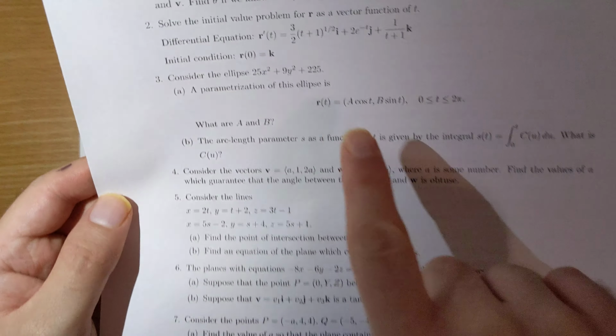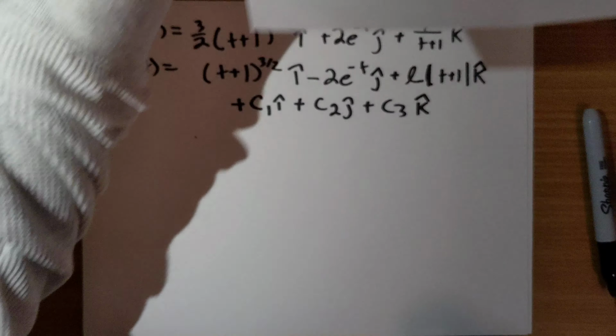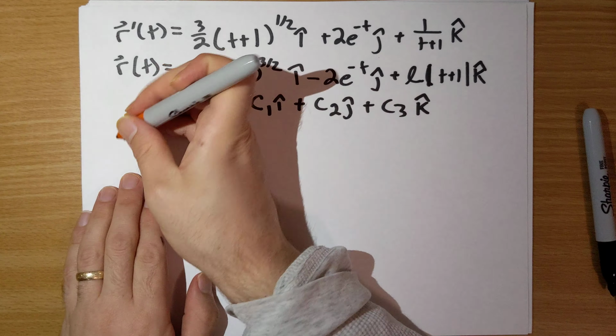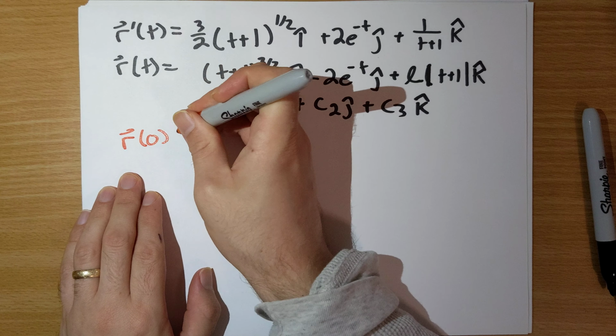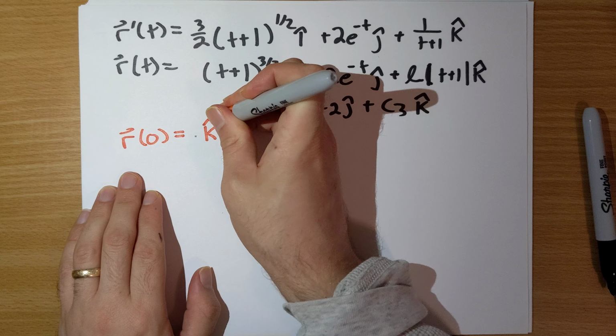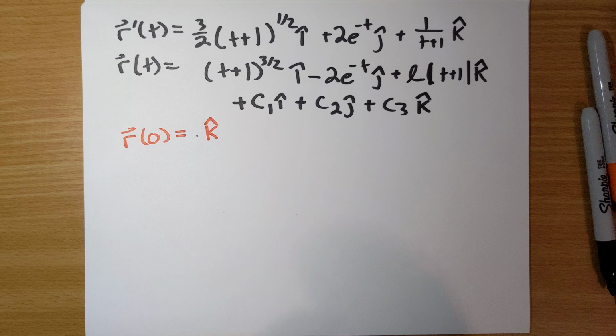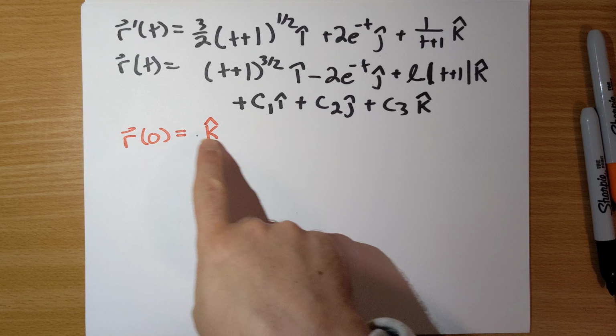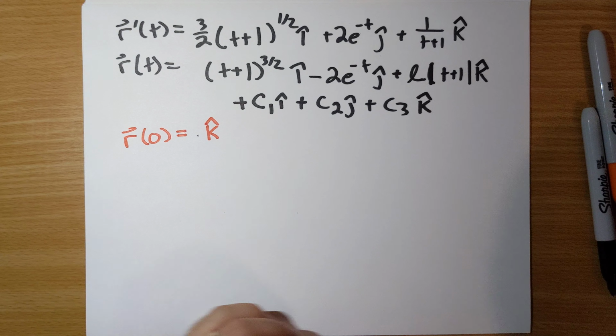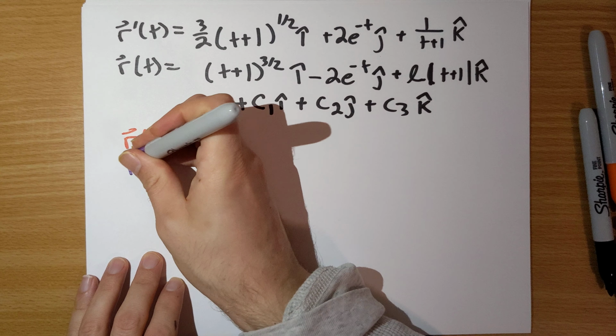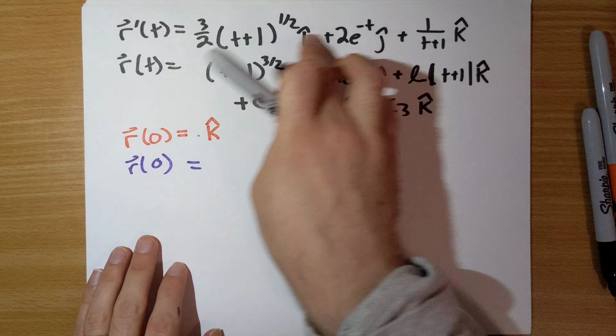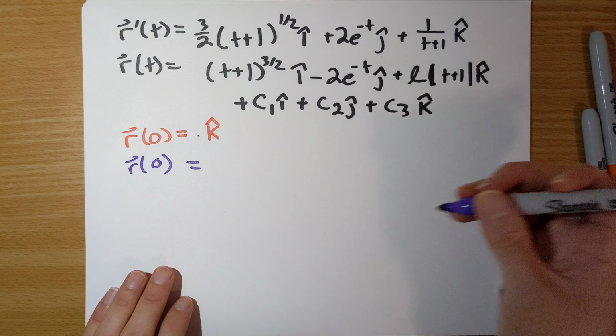This is our generic antiderivative for our original function. What haven't we used yet? We haven't used our initial condition that r of 0 is equal to just k hat. So what does this tell us? Let me take this entire expression and plug in 0.